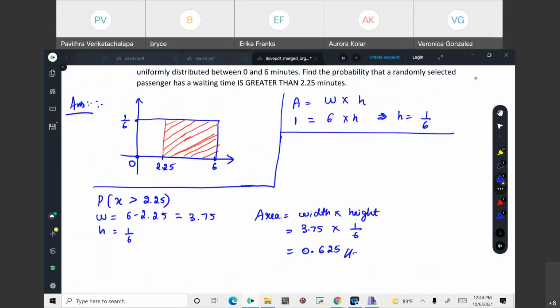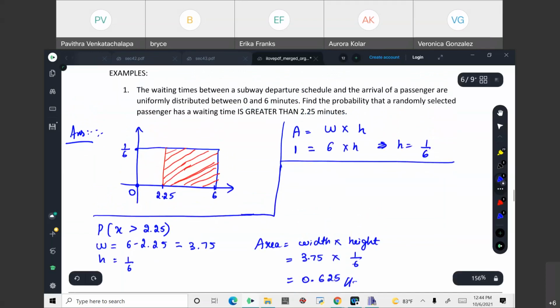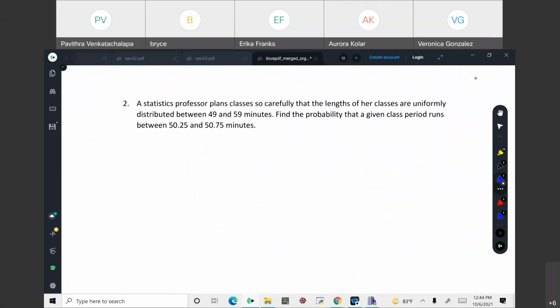Okay. Now you have the same question in your MLM. Only difference is in these values. Same question. One of your homework questions. Now I want you to answer this. Example 2.